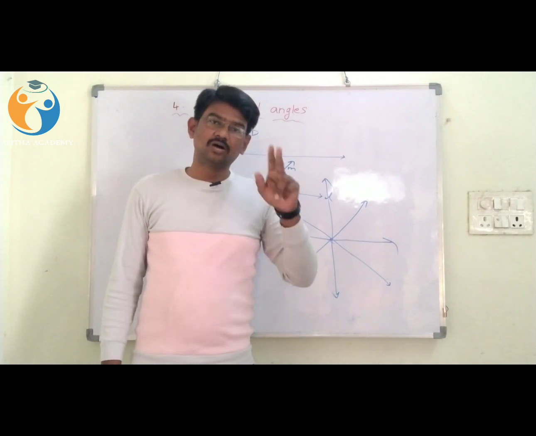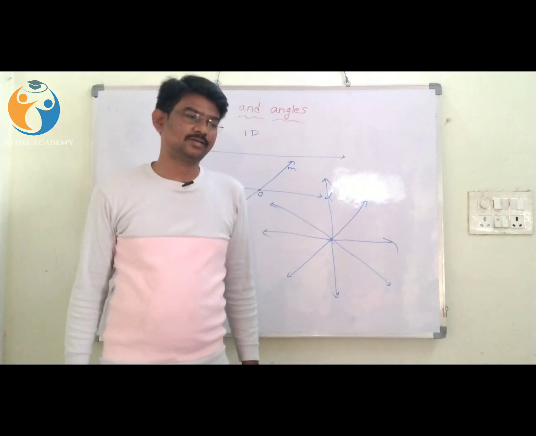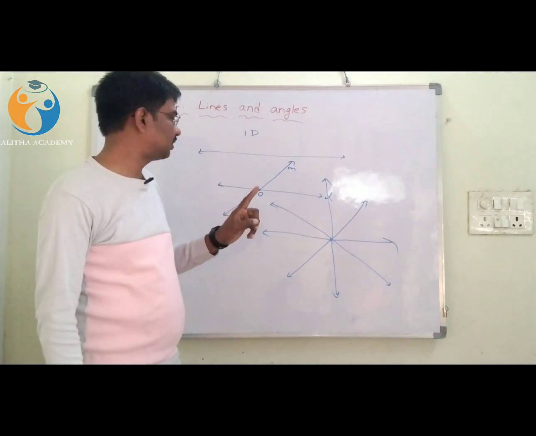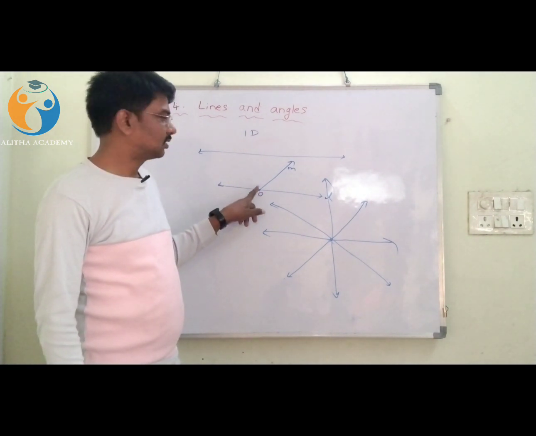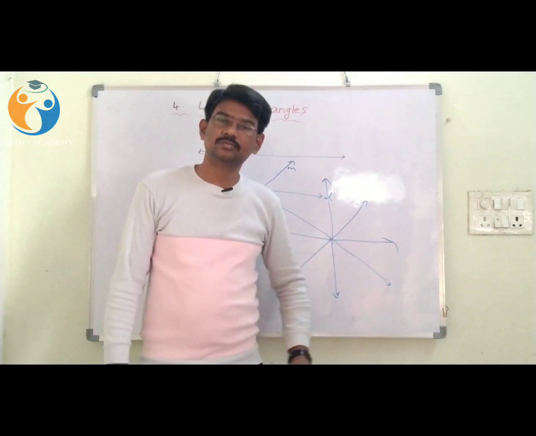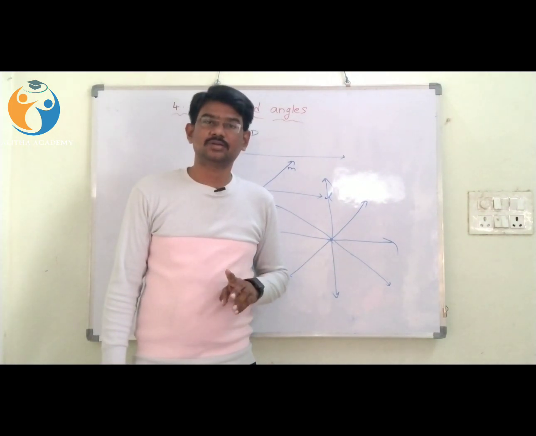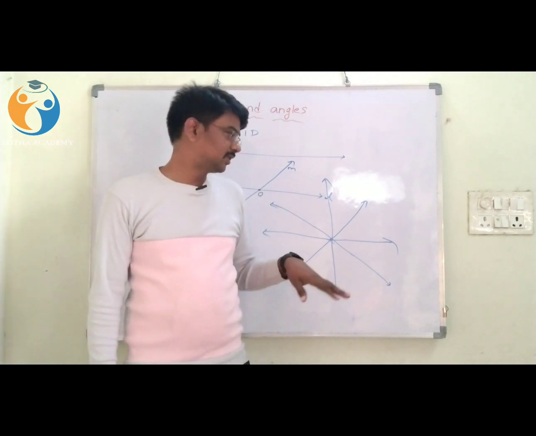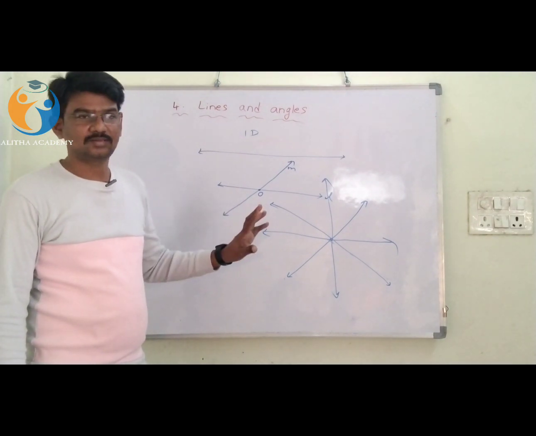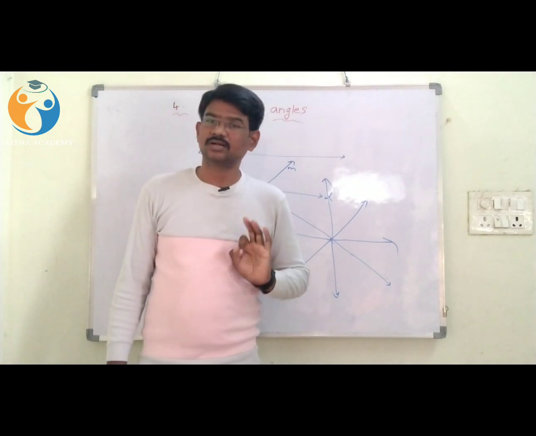If there are two lines having one common point, they are intersecting lines. But here three or more lines have only one common point. They are called concurrent lines. Parallel lines, intersecting lines, concurrent lines.